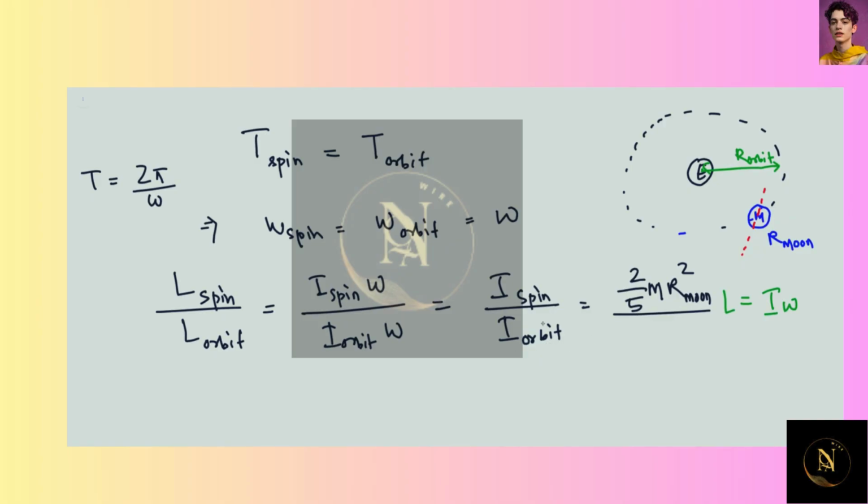And to find the moment of inertia of the orbiting, we assume the Moon to be a point mass moving around a circle with the center of the axis being the Earth. So this moment of inertia will be equal to mass times r squared, where the radius is the radius of the orbit of the Moon.